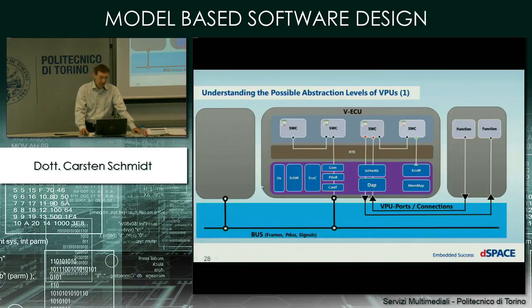So basically, this is an example of an AUTOSAR ECU, so where you have software components, the runtime environment, and the base software, and all this can be packed into a virtual processing unit. But on the other side, you can also have a virtual processing unit that only has these functions and which directly communicates to the outside without having any base software, without having any special services, and so on. So these are the different abstraction levels.